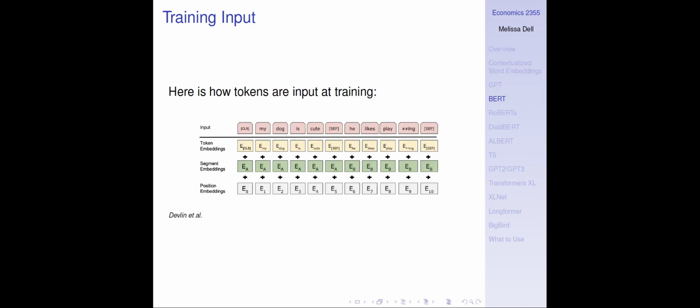Then there are sentence level embeddings for the 2 segments that you create. And finally, there are the positional embeddings, just like we saw last lecture. You need these to tell the transformer the order of the sequence since it's all being fed in at the same time.